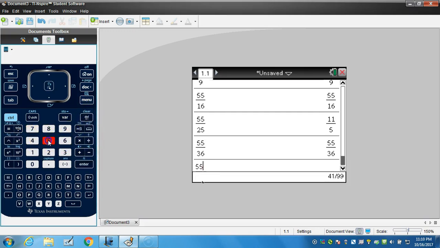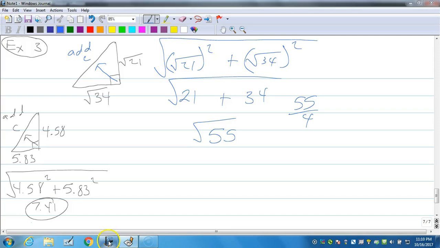No. And of course, after 49 is going to be 64. And once the bottom number is bigger than the top, you're done. It cannot be reduced or simplified. This is the answer: square root of 55.